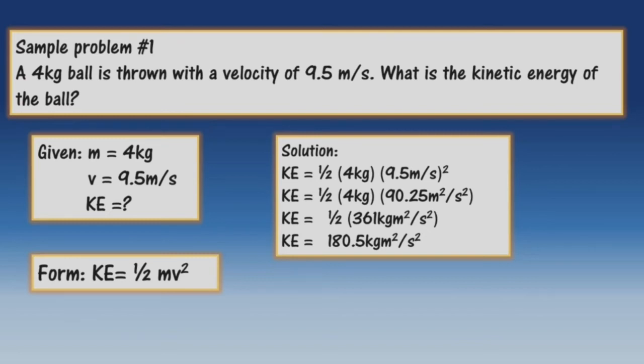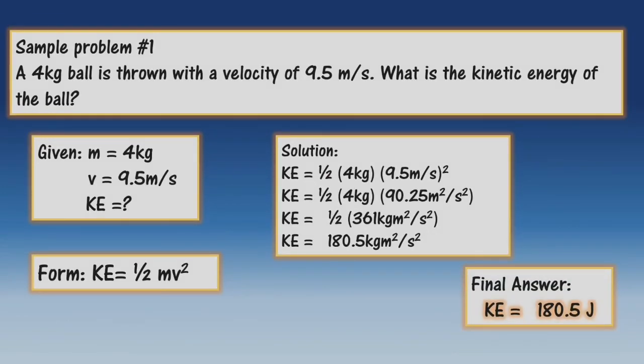Then, kinetic energy is equal to 1/2 and the product of 4 kilograms and 90.25 meters squared per second squared. So, the answer would be 361 kilogram meters squared per second squared. Then, multiply it by 1, divide by 2. The answer will be 180.5 kilogram meters squared per second squared, or joules.